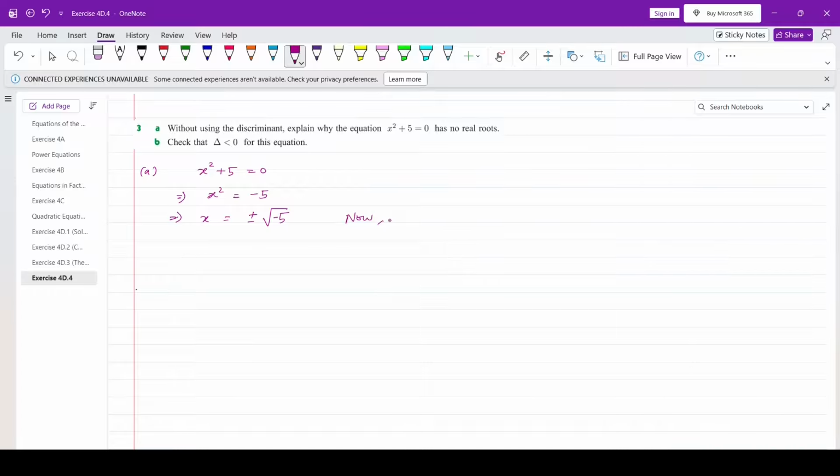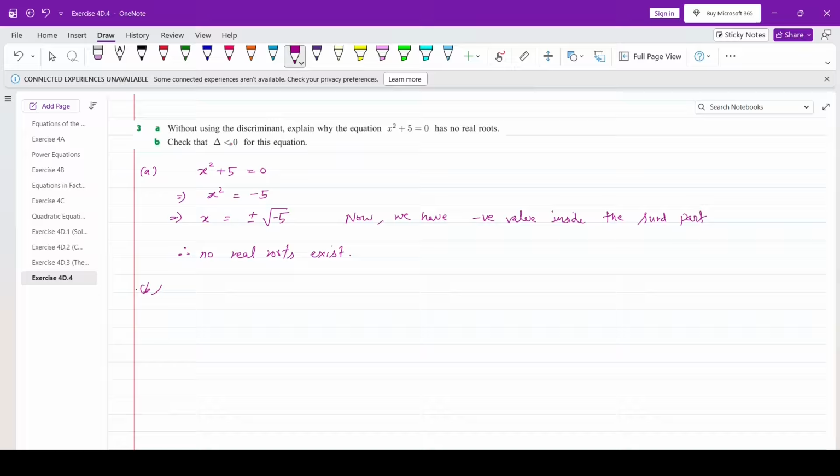Now we have a negative value inside the surd. Therefore, no real roots exist.